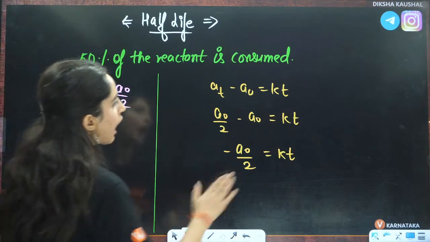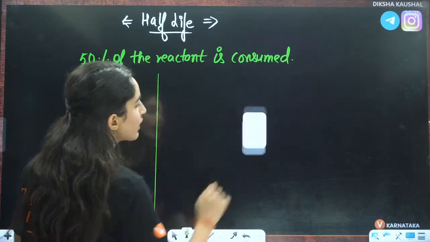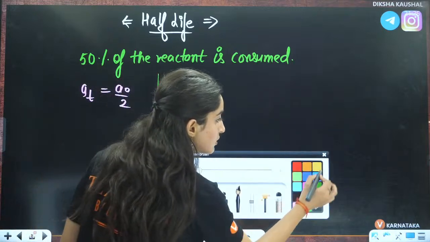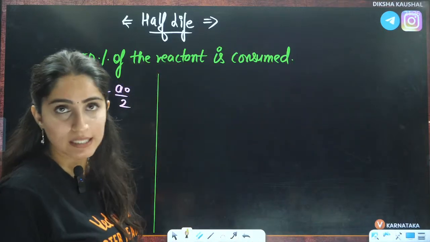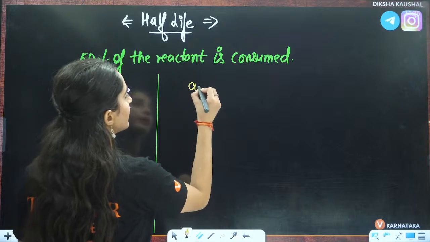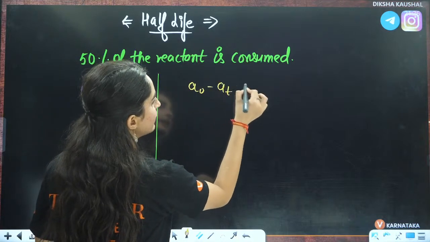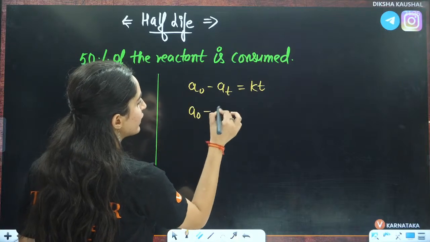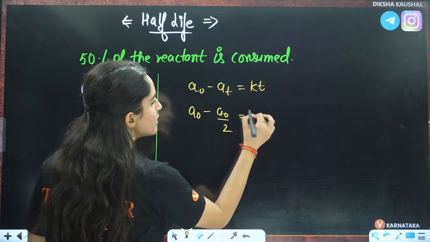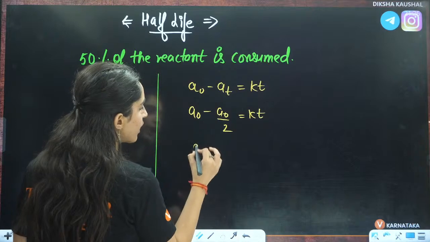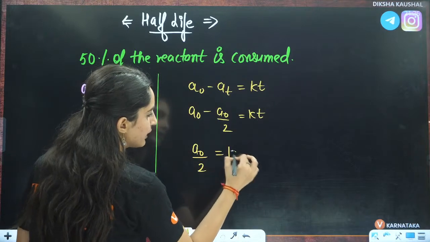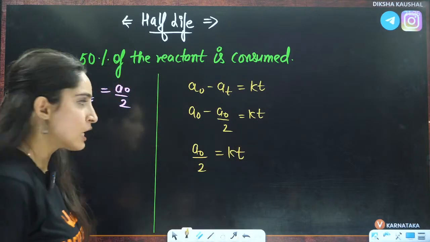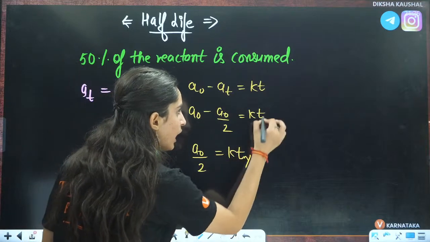Now let us see the half-life. Half-life means when your AT is equal to half of A naught. So A naught minus AT equals KT. If you put the value of AT here, it becomes A naught by 2 equals KT.